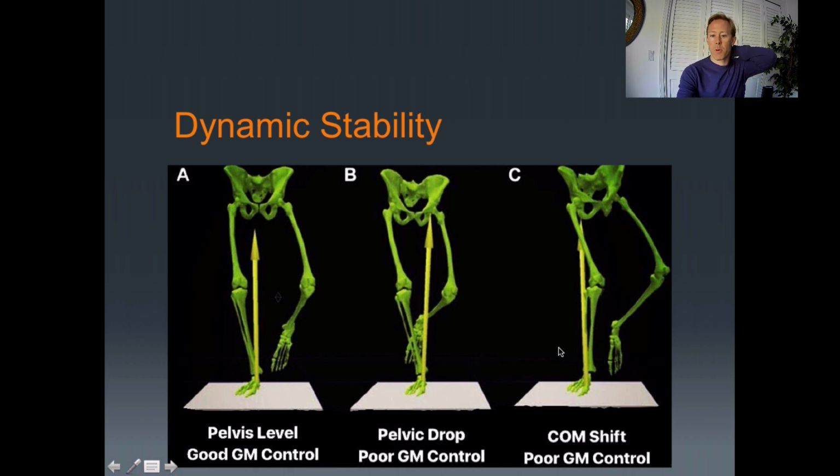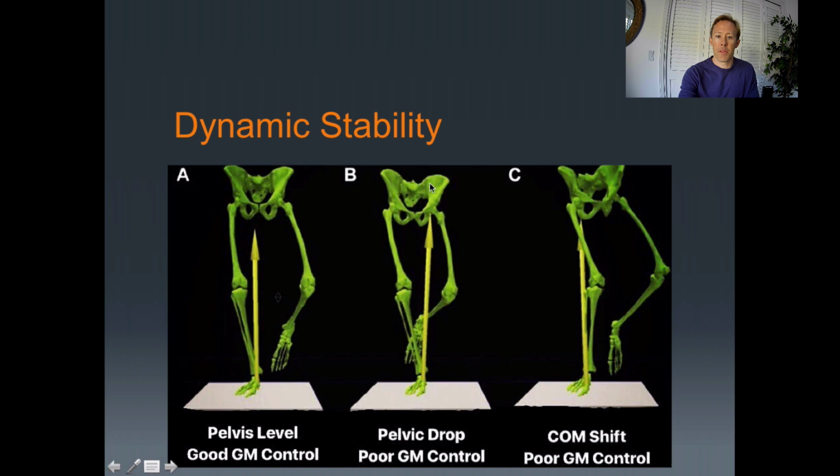Then we have some people who have a compensated situation where their leg collapses in, and instead of the pelvis falling, they kind of pull it back up, and they try to do this center of mass. COM stands for center of mass. So they try to shift their center of mass and lean their trunk back over their leg to kind of straighten their body out. So you can see both situations.